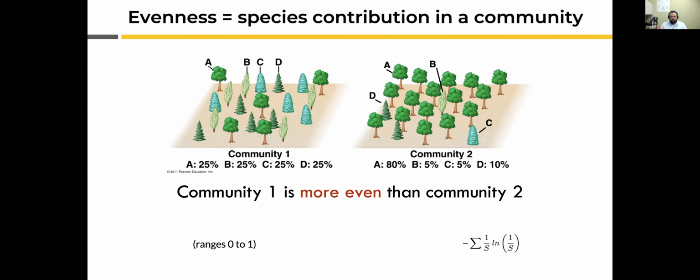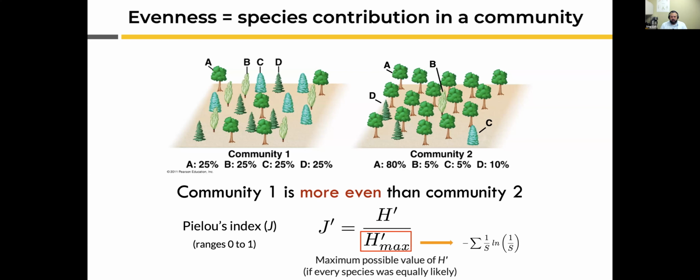Tree A is 80% of the trees, whereas trees B and C account for only 5%. And so community 1 is more even than community 2. This is accounted for in Pielou's index, as seen calculated here.